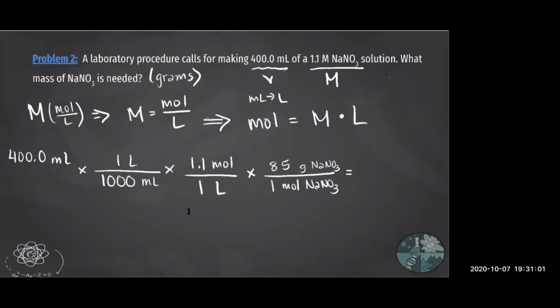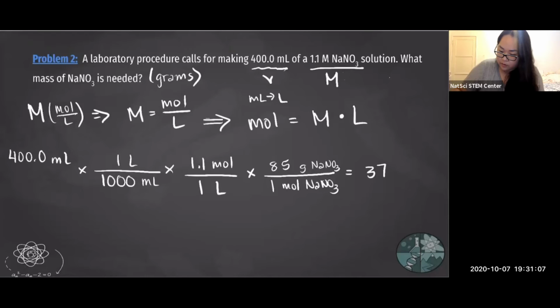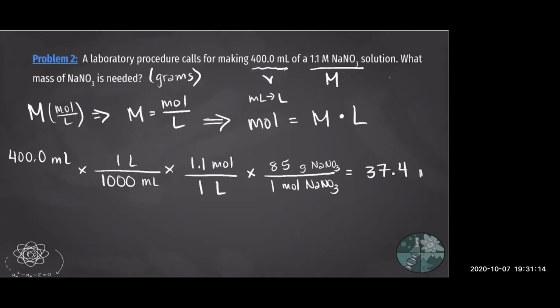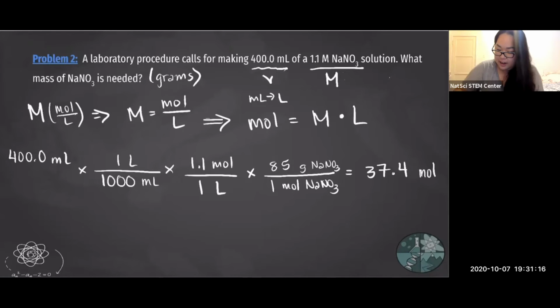I got 37.4. Yep, 37.4 grams of NaNO3. We actually want 2 sig figs.